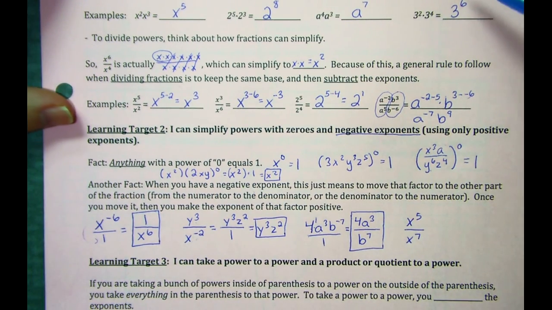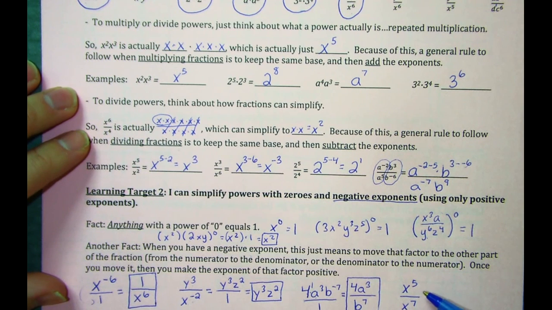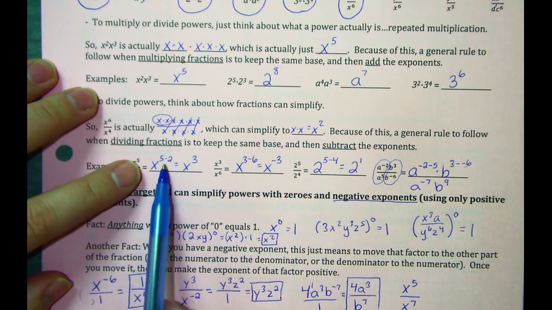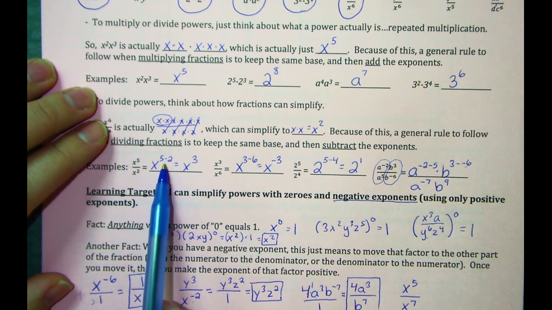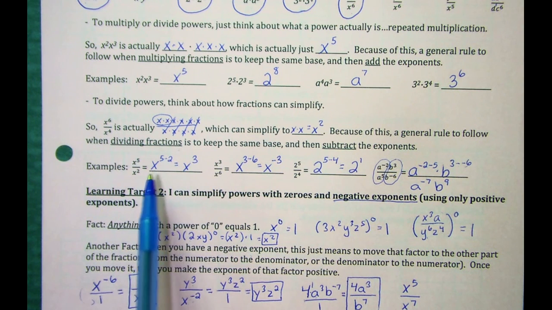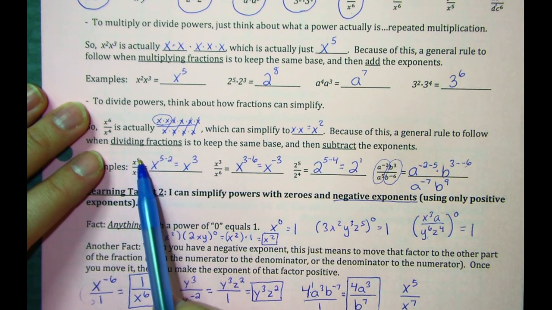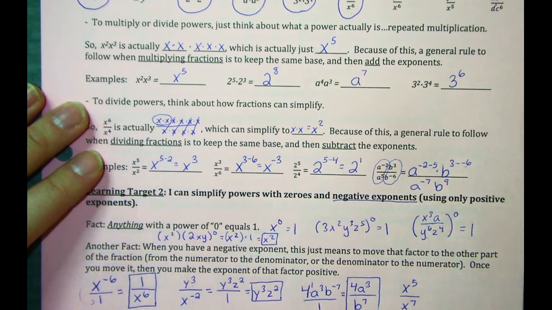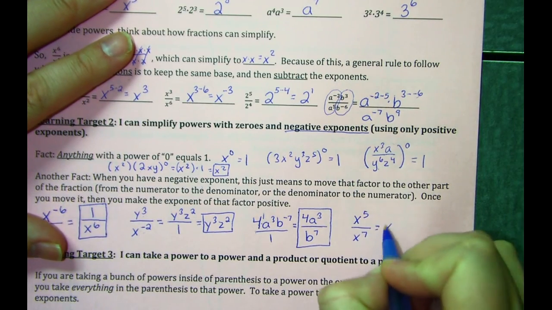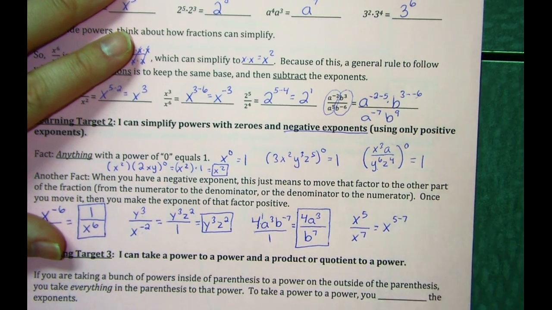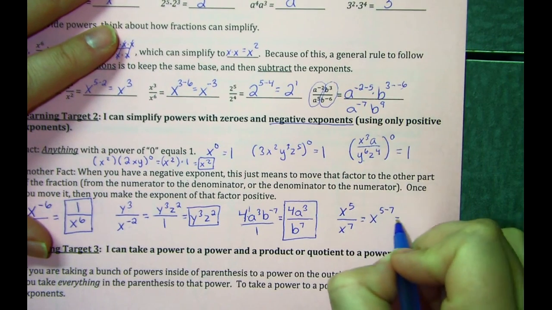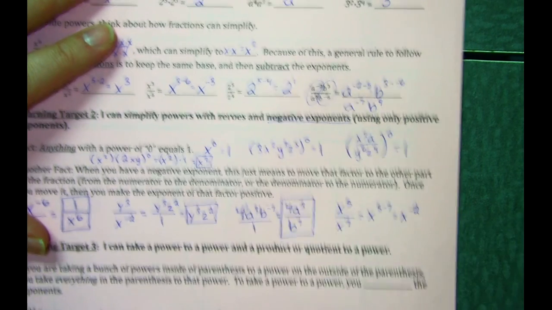Now we learned in Learning Target 1 that to divide powers with the same base, we subtract the exponents. Top minus bottom, so like 5 minus 7. So here it would be x to the 5 minus 7, which equals x to the negative 2.